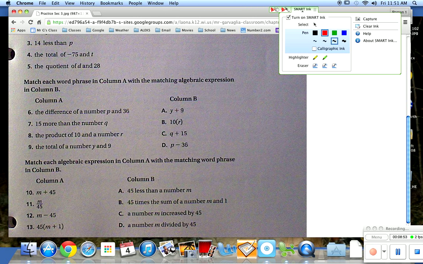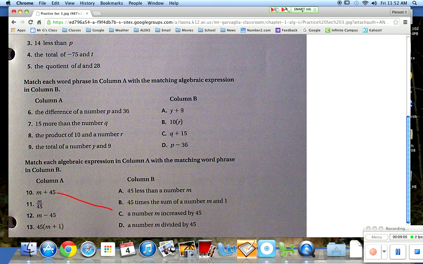All right. Match the algebraic expression in A with the matching word phrase in B. M plus 45. Where's that, Nick? What is it? C? Reese, what's 11? Divide.